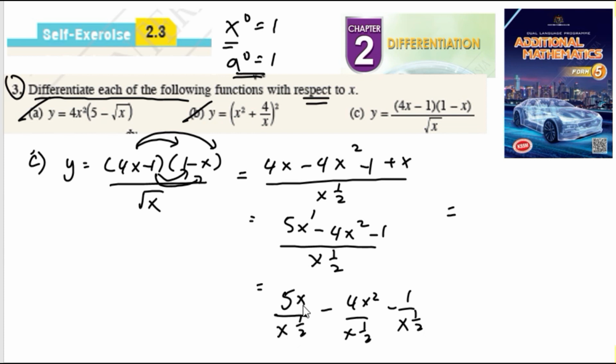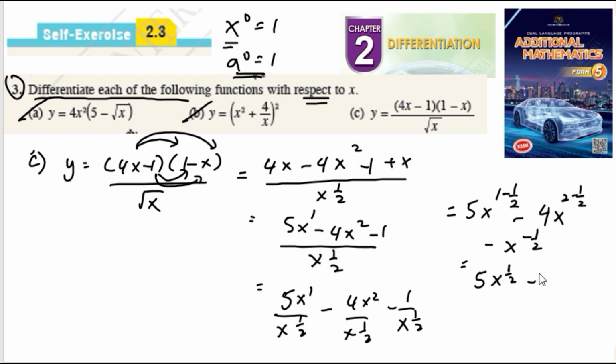So actually you can minus the power. You take out 5, and then x divided by x to the power of half: this one is x to the power of 1 minus 1 over 2. When you divide, actually you are minusing the power. So this one is minus 4, x squared divided by x half, you get 2 minus half. And since you have negative 1 over x half, it means negative x to the negative half, you just bring it up. So here 5x, 1 minus half, you get half.